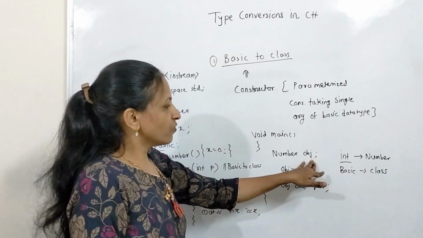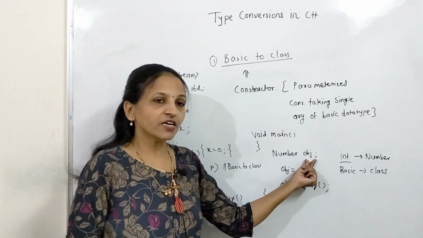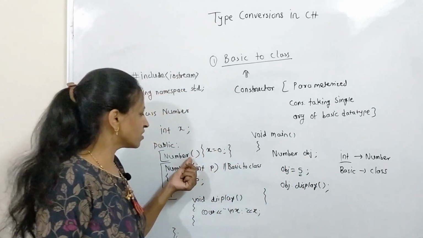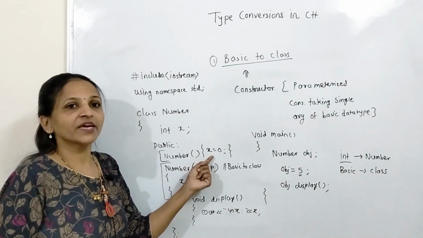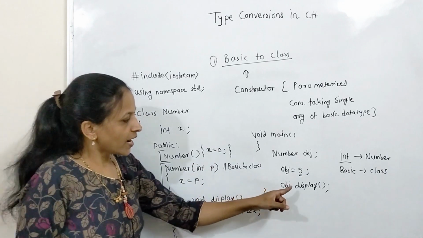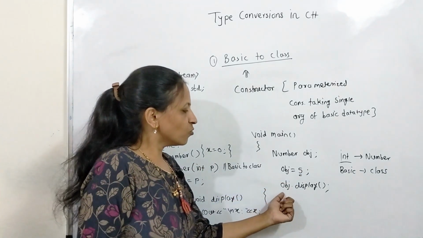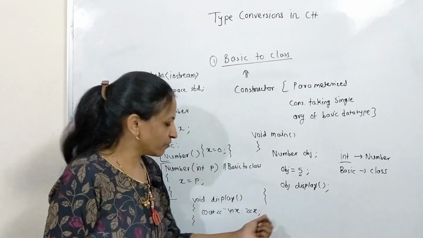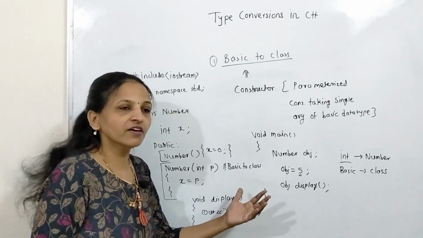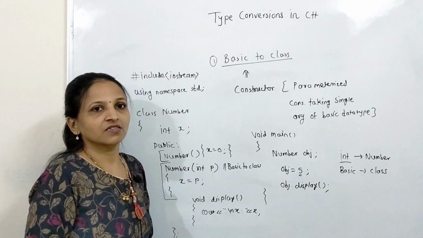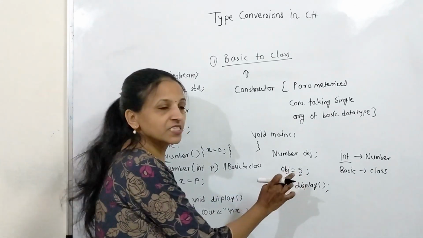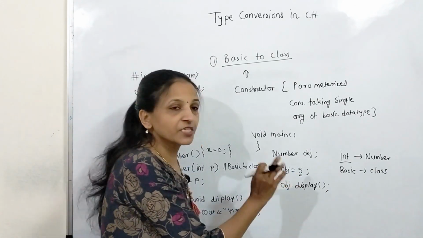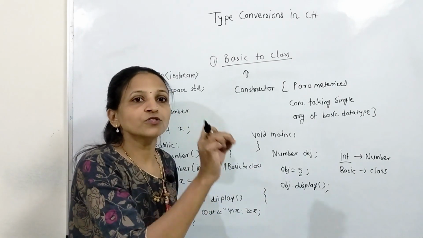In main we have created one object. Whenever we create an object, the default constructor will automatically be called and the value of x will be 0, and then obj = 5, obj.display. After execution of this statement we will get output like x: 5, of course. Suppose before this obj = 5 you had called obj.display, you would get value 0.